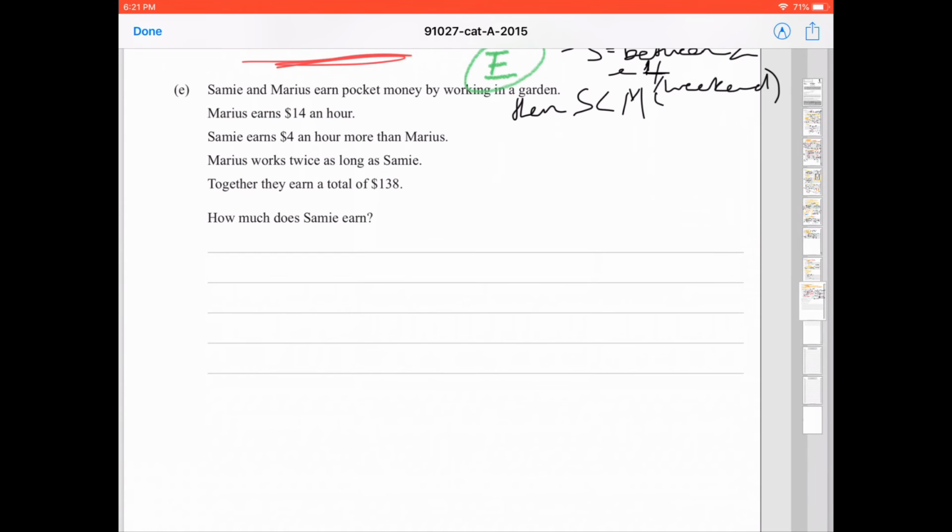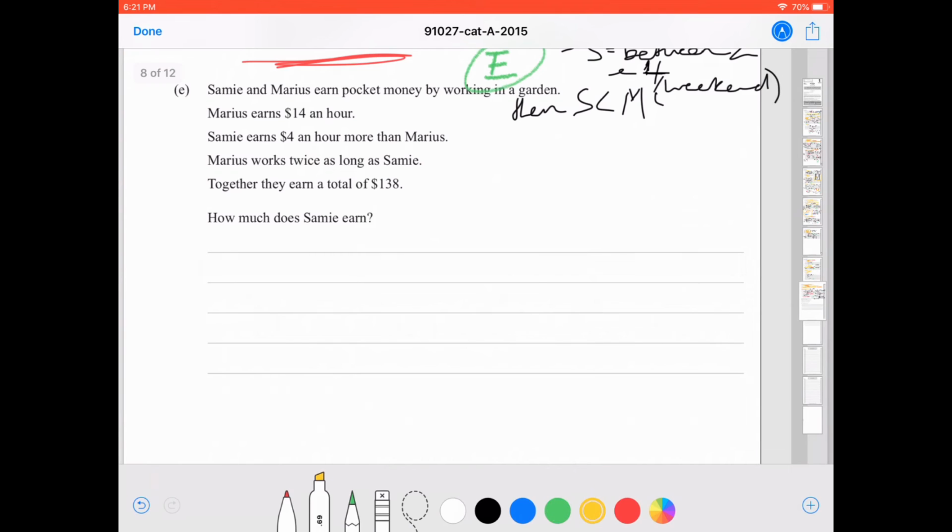Let's move on to question 3E now. It says, Sammy and Marius earn pocket money by working in a garden. Marius earns $14 an hour. Sammy earns $4 an hour more than Marius. Marius works twice as long as Sammy. Together they earn a total of $138.